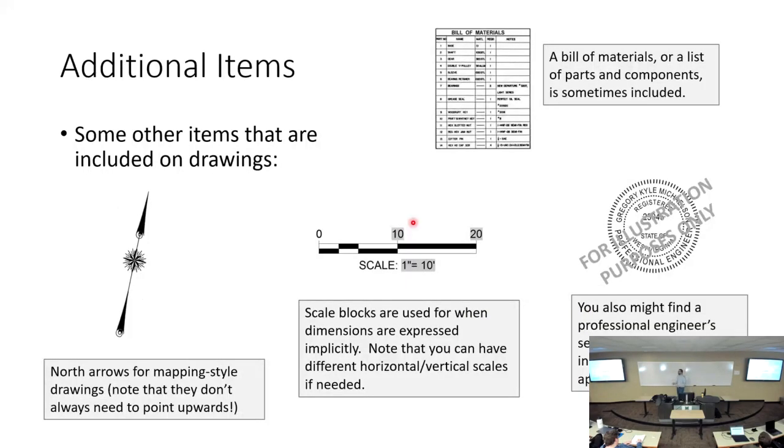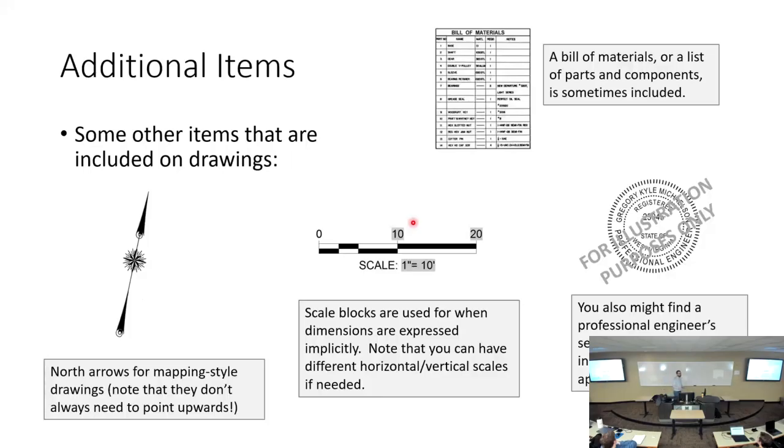Some additional items that you might find on engineering drawings. Like I said, you might find a north arrow. You also might find a scale block. One thing I'll mention about the north arrow: north arrows don't always have to be facing upwards on an engineering drawing. Typically, what you want is for the drawing to be easy to understand.